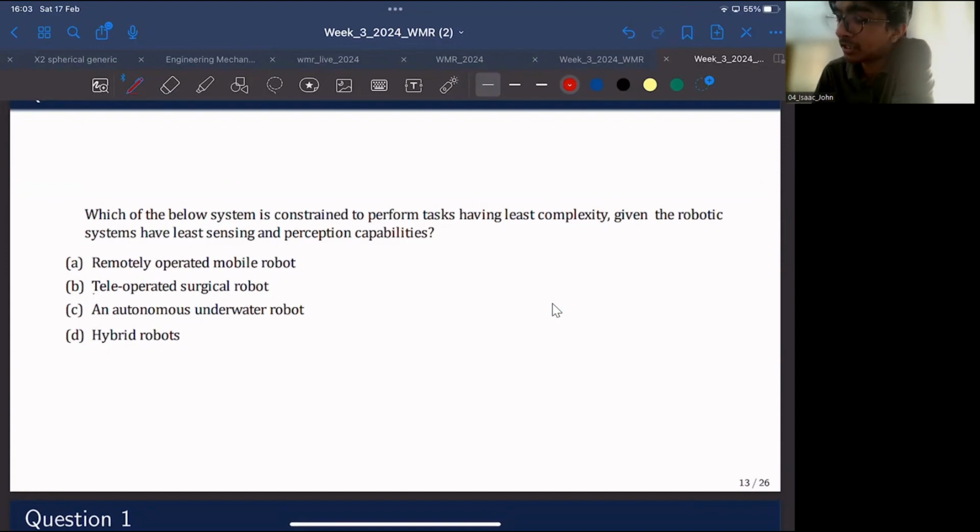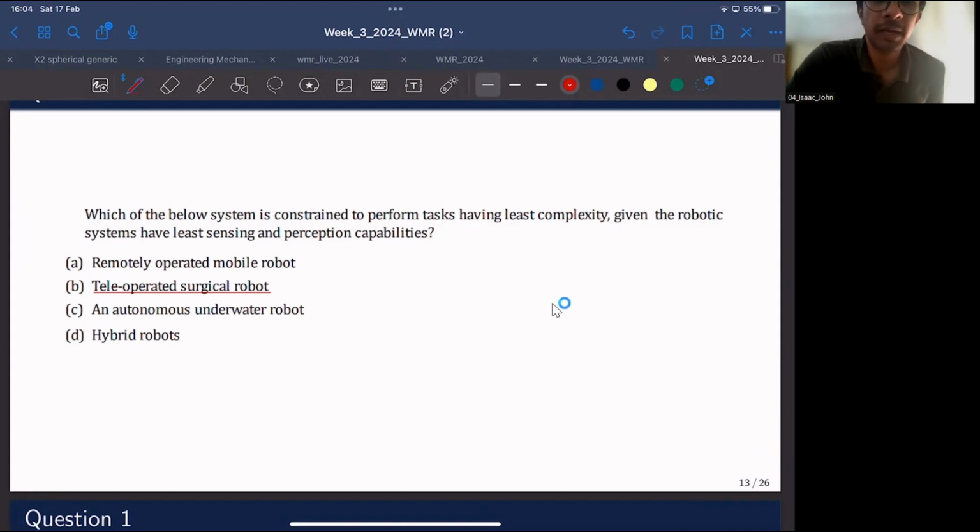And a teleoperated surgical robot is operated by a surgeon remotely. It will be similar to a master-slave configuration, where the surgeon works on a master system which remotely communicates with the slave system, which is what operates on the patient.